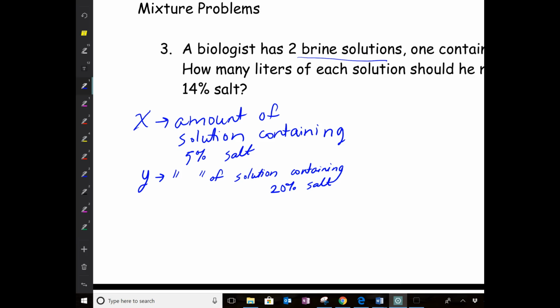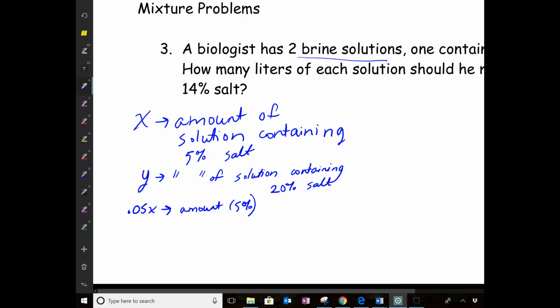Well, when you're looking at how much salt, 0.05x represents the amount of salt in the X solution. So 0.05x represents the amount, and really the 5% amount of salt in the solution.